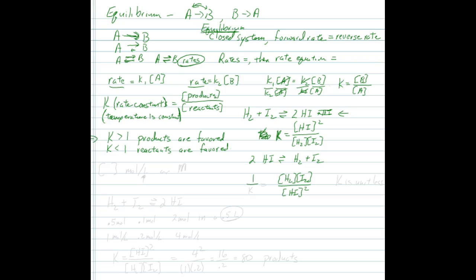So if you want to reverse the reaction and you don't want to come up with a new value of K, you just take the reciprocal of K. If K is 5 and the products are favored, then here it's 1/5 and the reactants are favored, because it's less than 1.